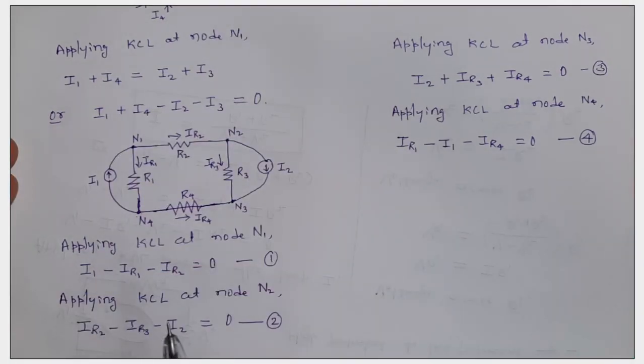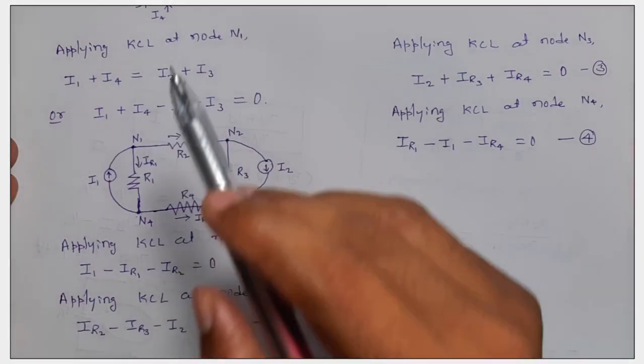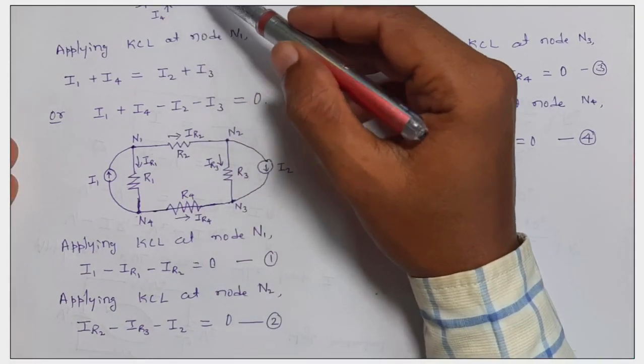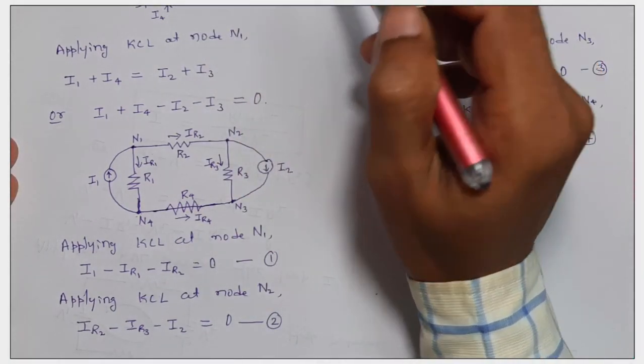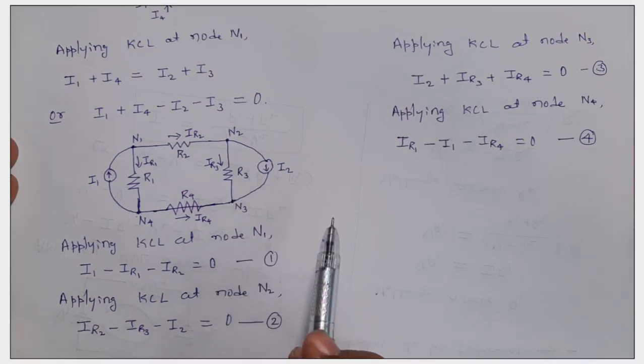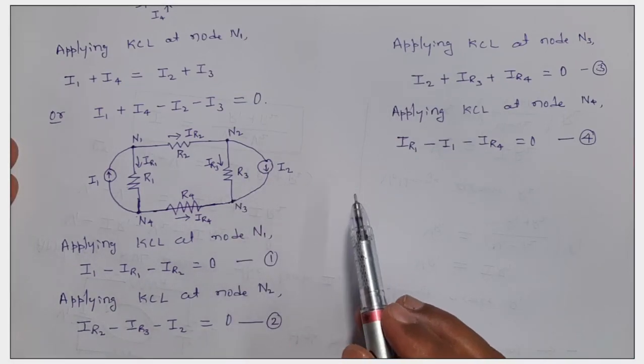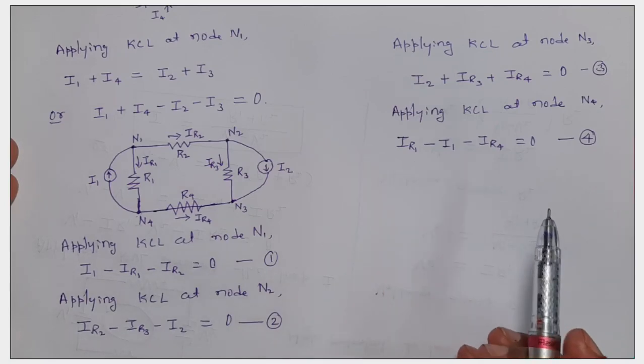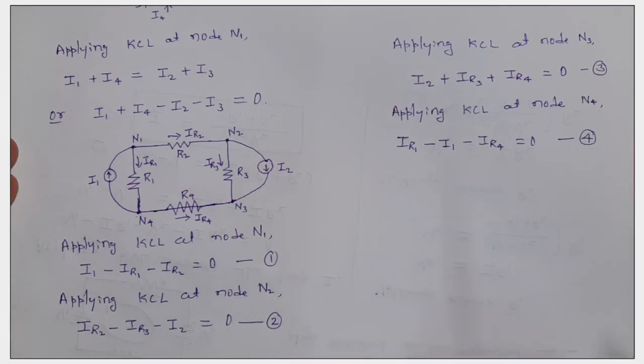Very important thing, dear students: the sum of incoming current is equal to the sum of outgoing current. What I have assumed here is that incoming current is positive and outgoing current is negative. You can assume vice versa also.